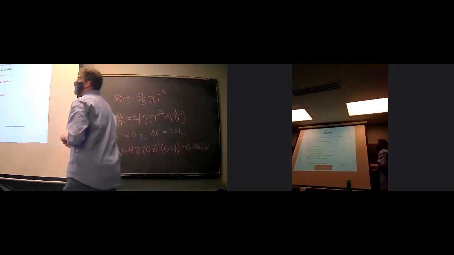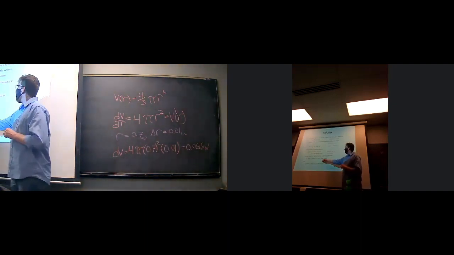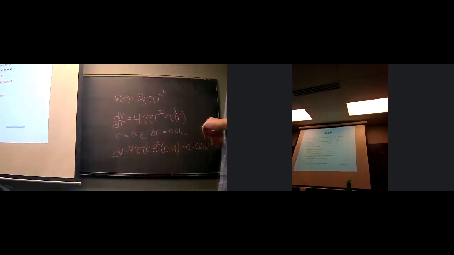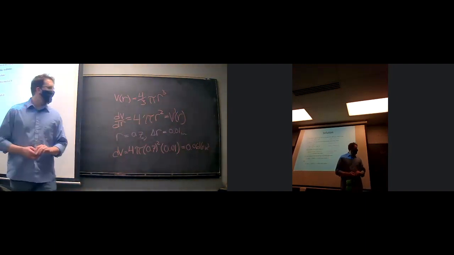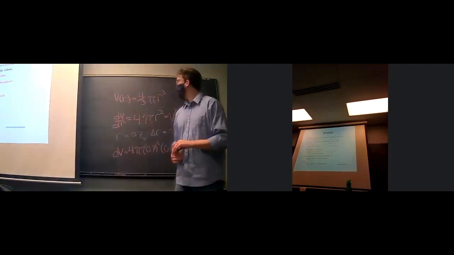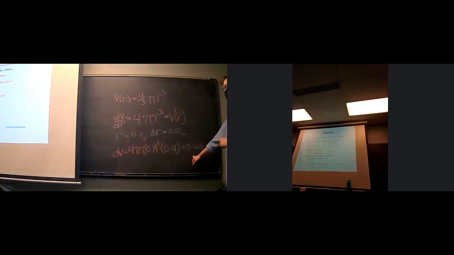Having said that, we could also do something like calculate the percent error. Let me step back for a second. Notice when I calculated this dV, I didn't have the plus or minus here.